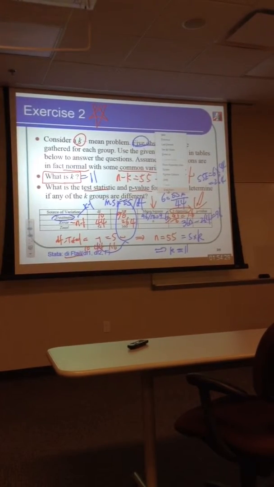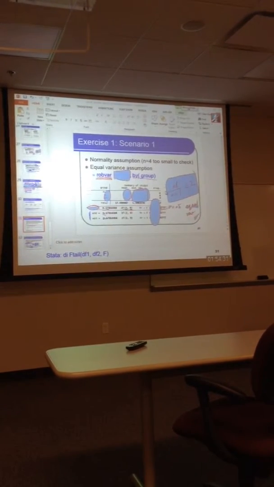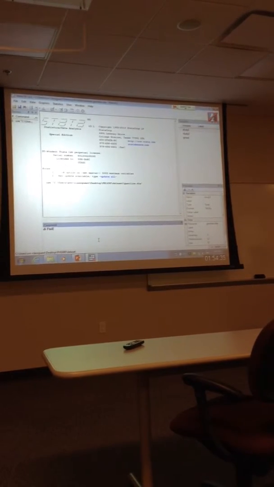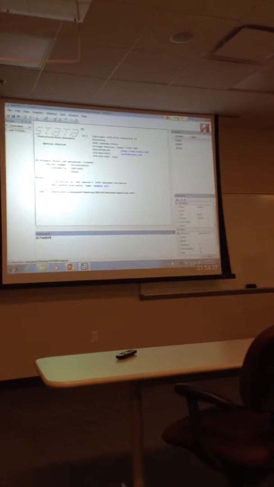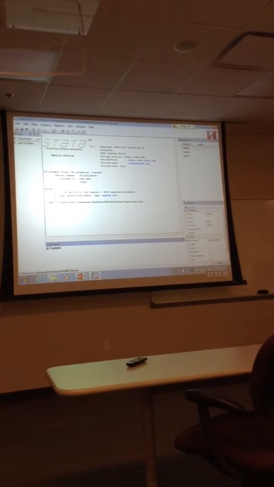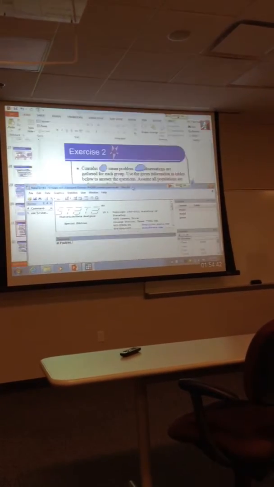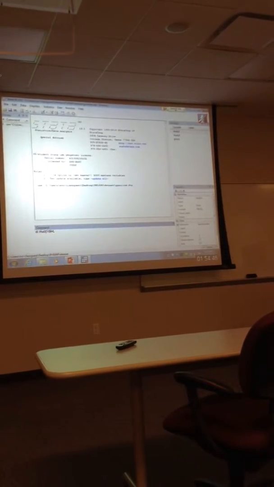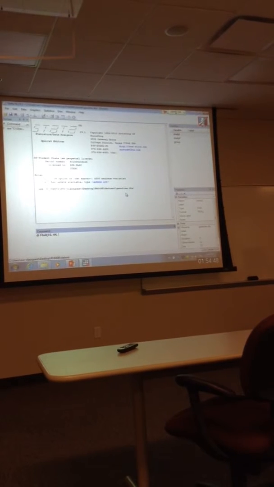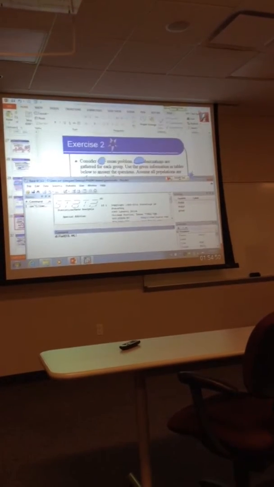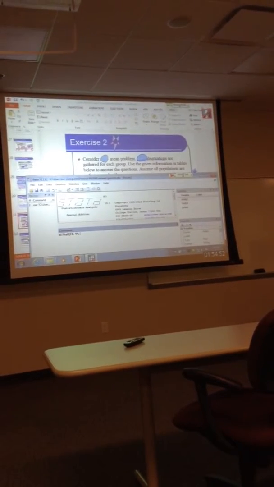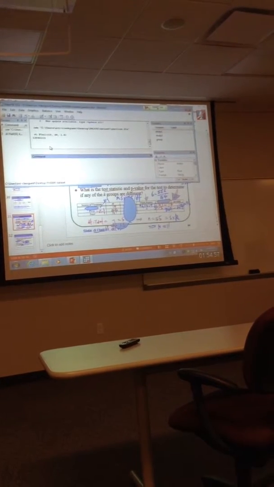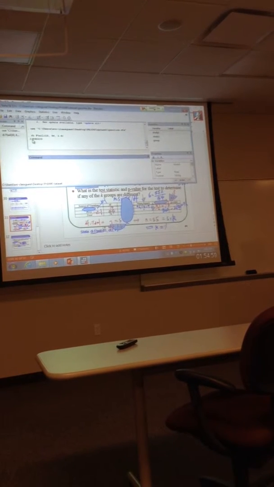So you use display Ftail(10, 44, 1.6). Now the p-value equals 0.138.